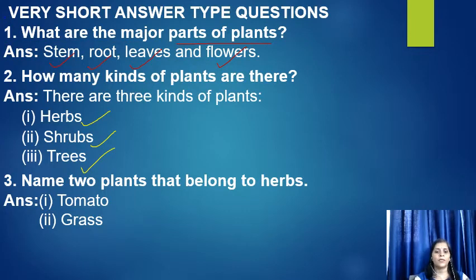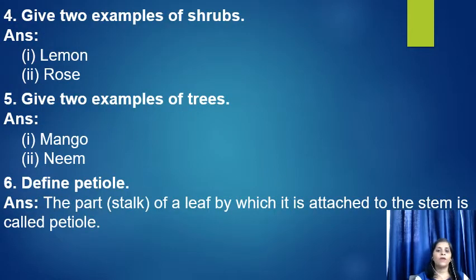Name two plants that belong to herbs. The common examples are tomato and grass. Give two examples of shrubs. Two examples of shrubs are lemon and rose.